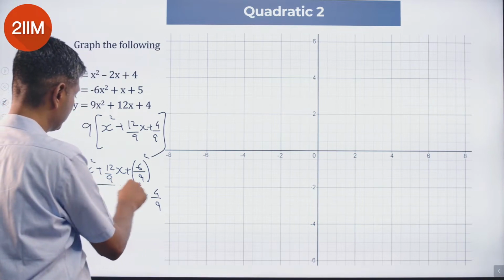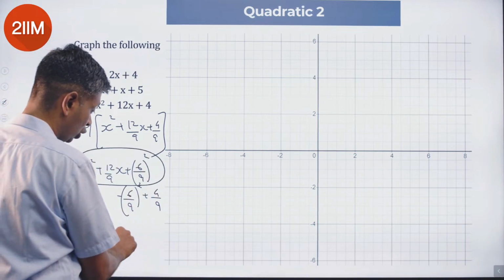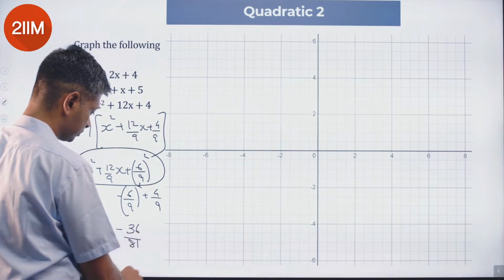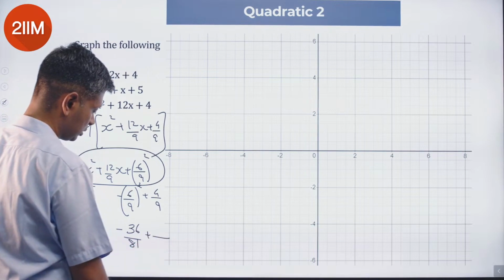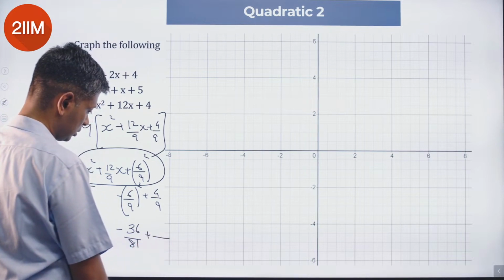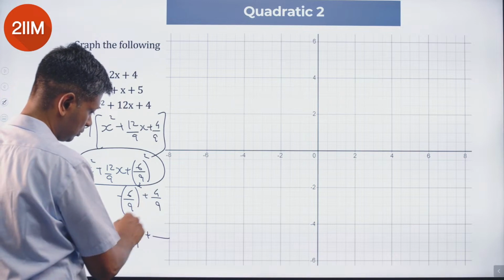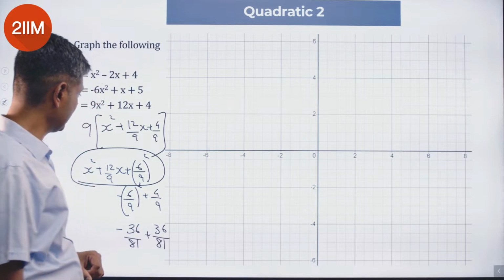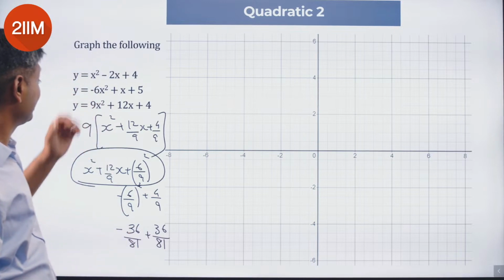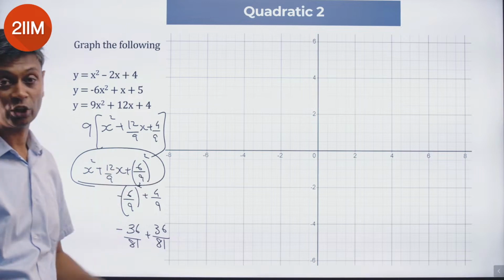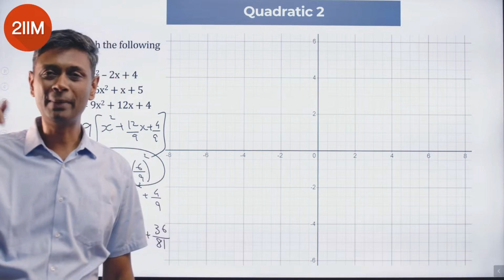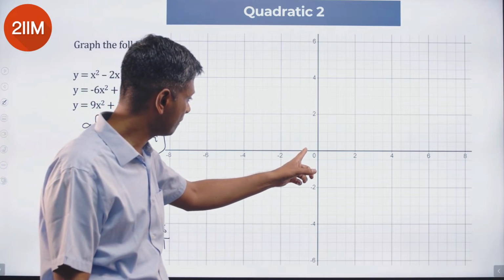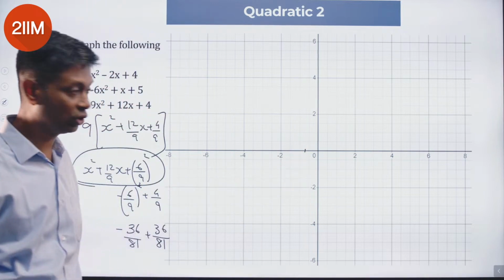This I know is (x plus 6/9) the whole square. 6/9 the whole square is 36/81, plus 4/9, plus again 36/81. Nicely this breaks down the expression into nothing but (x plus 6/9) the whole square. So at x equal to minus 6/9, it goes to 0.